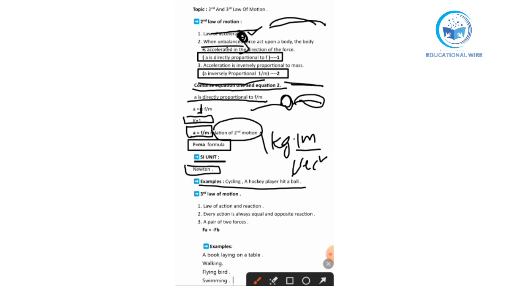Whatever force we have, that much acceleration we get. If we put a low force, we get low acceleration, but it is in a single manner, like on a cycle. Just let me show you.